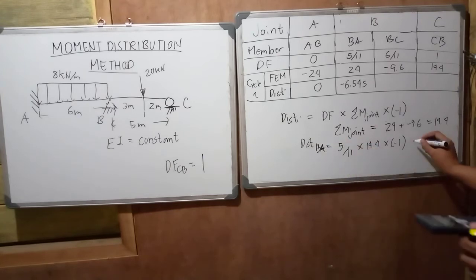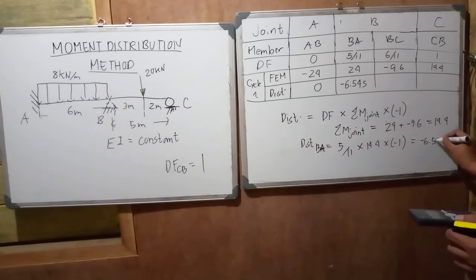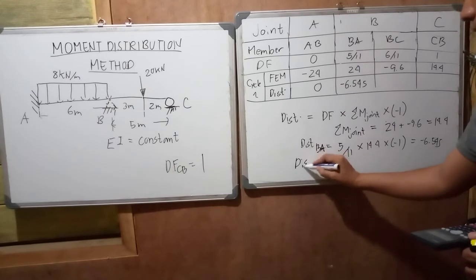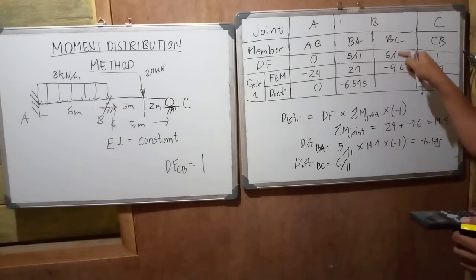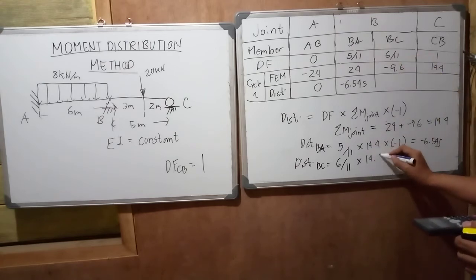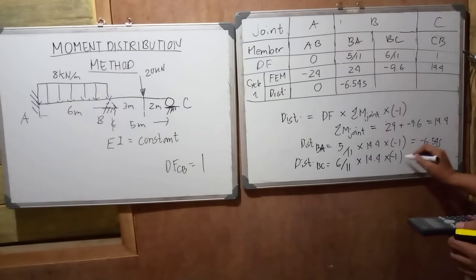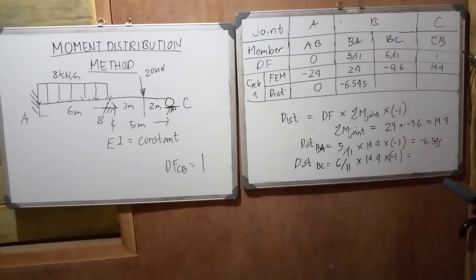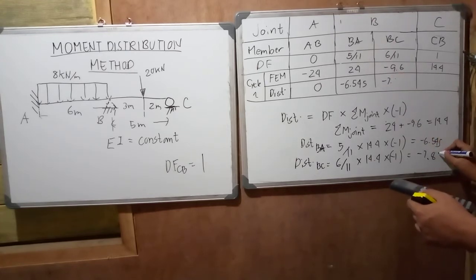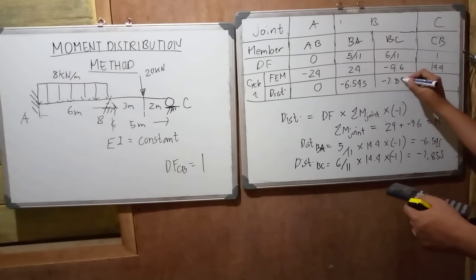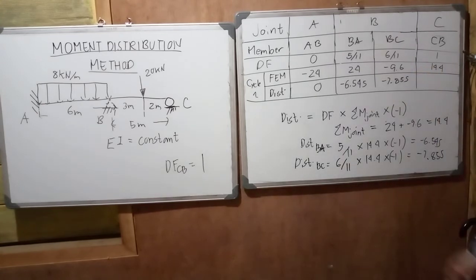Okay? What about kay BC? Okay, kay BC is 6/11 times 14.4 times -1. So, -7.855. Okay? Yan.